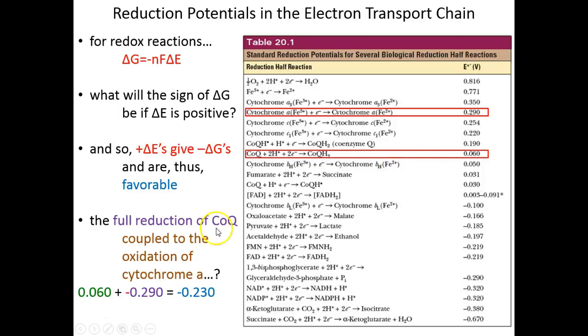Essentially what we're combining is a positive 0.06 and a negative 0.29. That gives us an overall delta E of negative 0.23. Negative delta E's give us, say it out loud, positive delta G's. And reactions with positive delta G's are not spontaneous and not going to happen. This reaction is unfavorable.